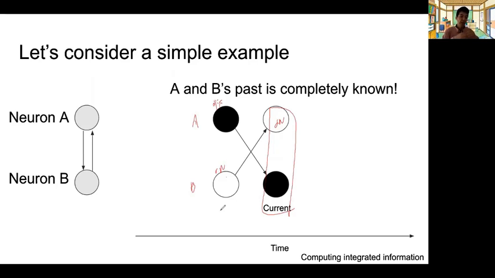When B collects all these inputs over a certain period, and if it exceeds some threshold, B fires. So it's more like a sum-and-threshold type of rule, but I'll simplify everything here. Basically, you can define the past state and future state based on the current state of the system. This is just a simple definition.